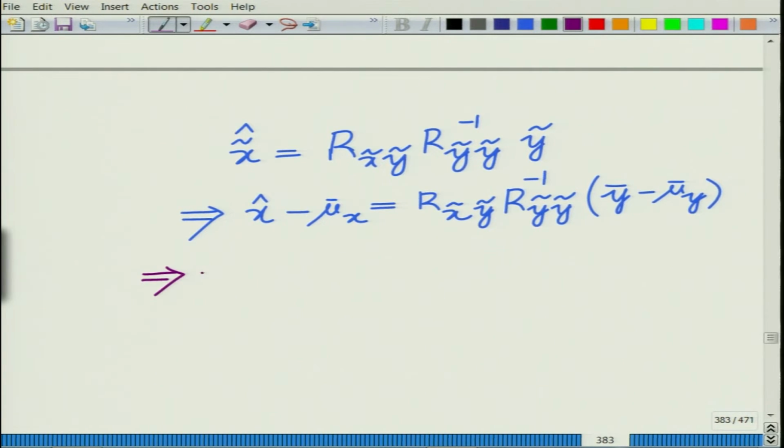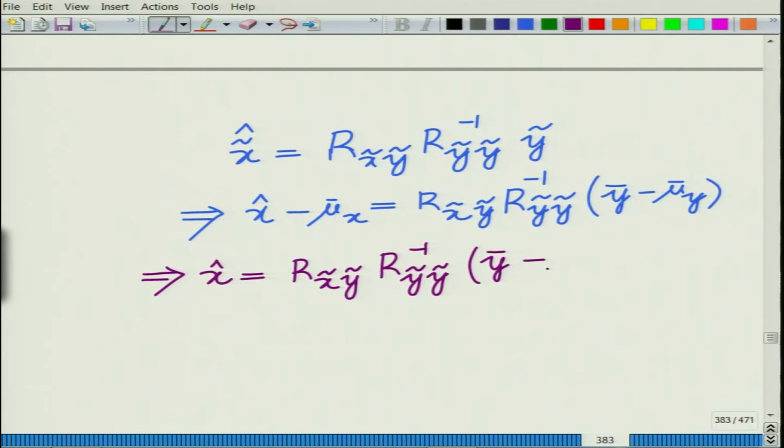This implies that x hat equals R_x tilde y tilde R_y tilde inverse times y bar minus mu bar y.